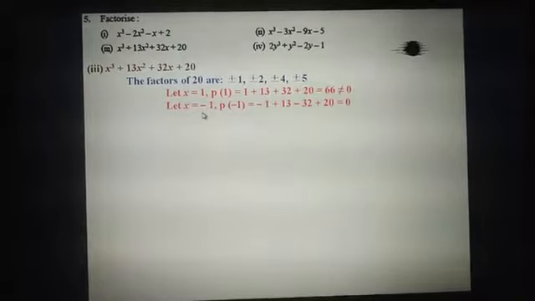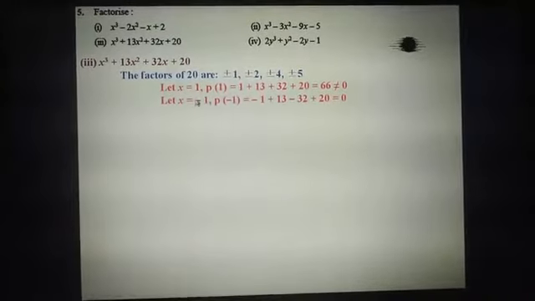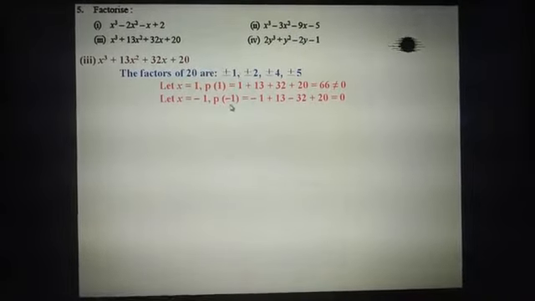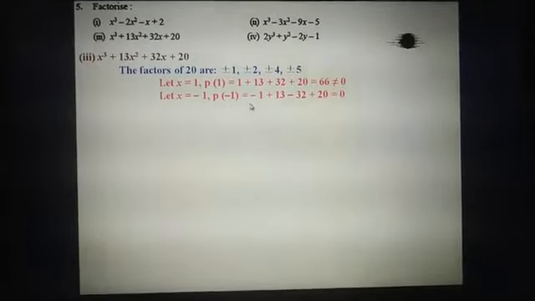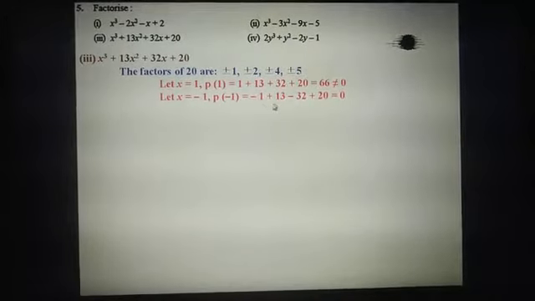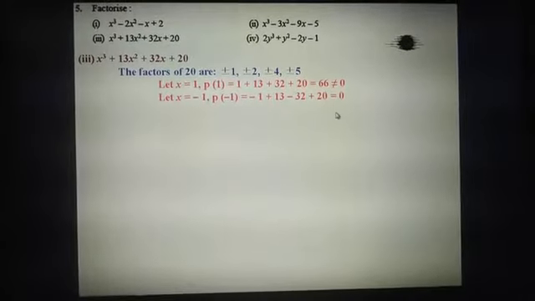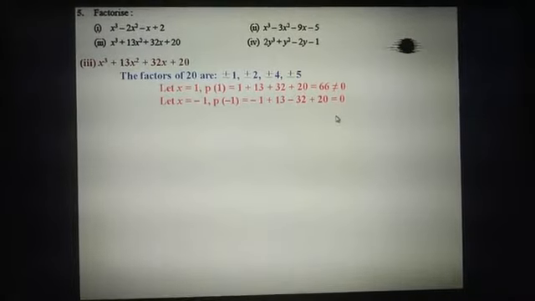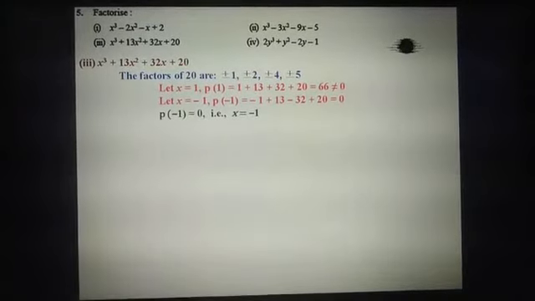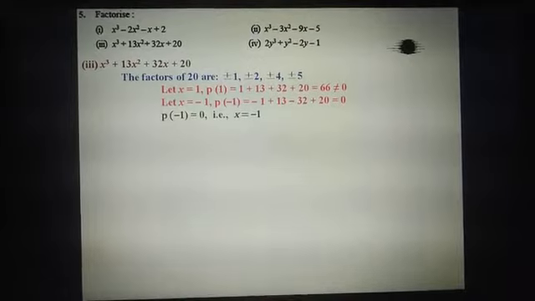Next, let x equal to minus 1. So substitute x value as minus 1. So p of minus 1 is equal to minus 1 plus 13 minus 32 plus 20, which is equal to 0. So p of minus 1 is equal to 0. That is x equal to minus 1.